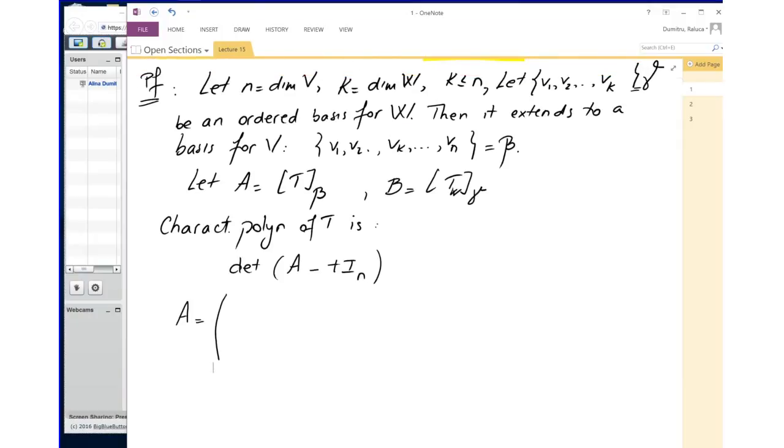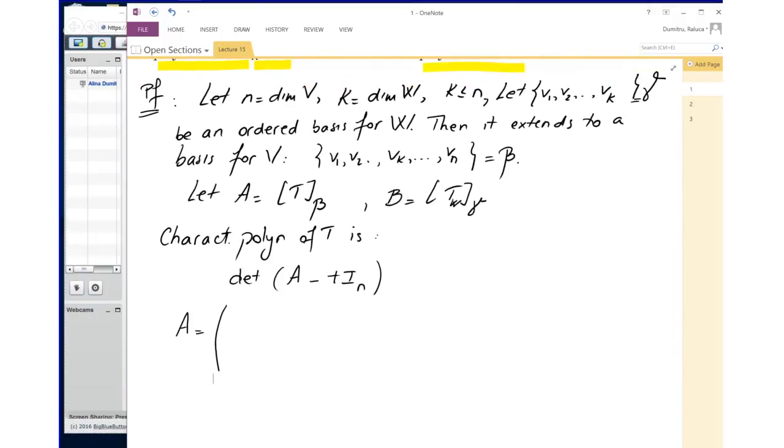So when you compute the matrix of T in the basis beta, what do you do? You do T of V1, right, and then you express it in terms of V1 through Vn. But T of V1 is special because V1 was in W, right? V1 is part of the first K. So when I apply T to something in W, I land in W, correct? And that means that T of V1 is only a linear combination of the first K vectors, not of the remaining n minus k vectors, because the result is still in W.